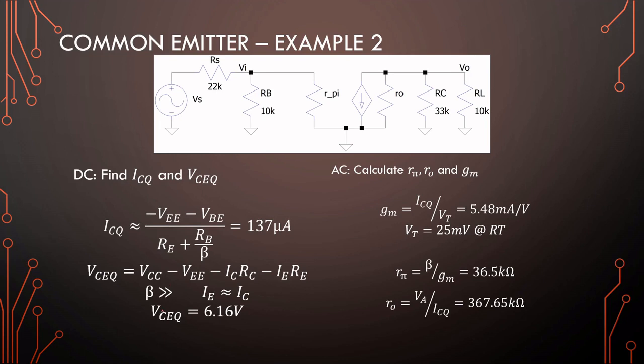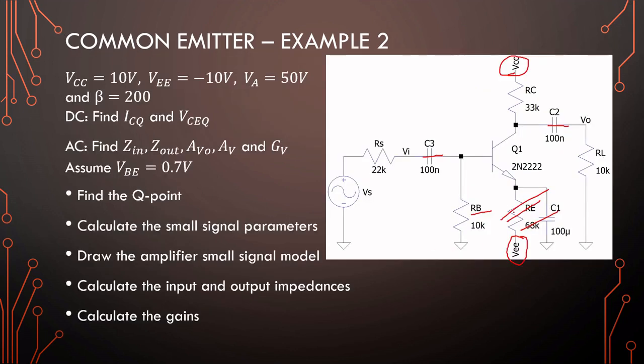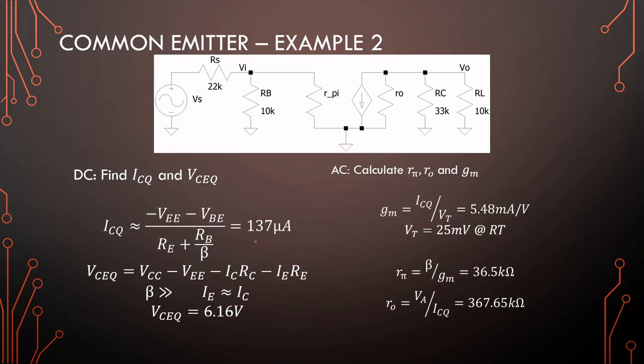The biasing is a bit different, however. So we have minus VEE, so this will become 10 volts minus 0.7. And our emitter stabilization. So again, this resistor right here is just to pin our bias point for us.